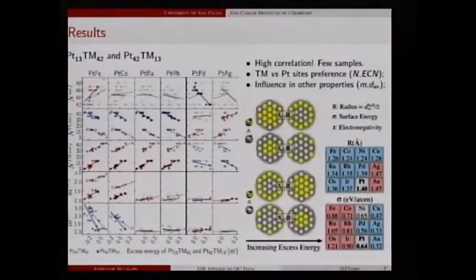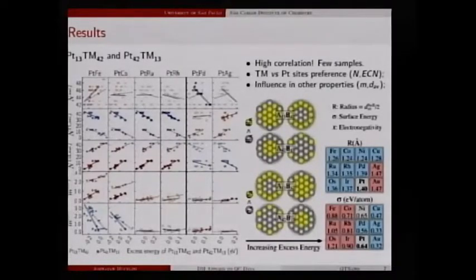In some other cases like platinum palladium and platinum silver, sorry, there is the opposite trend. It basically indicates that for some combinations of platina and transition metal, the platina will prefer to stay in the surface. In the other case, it will prefer to stay in the core.